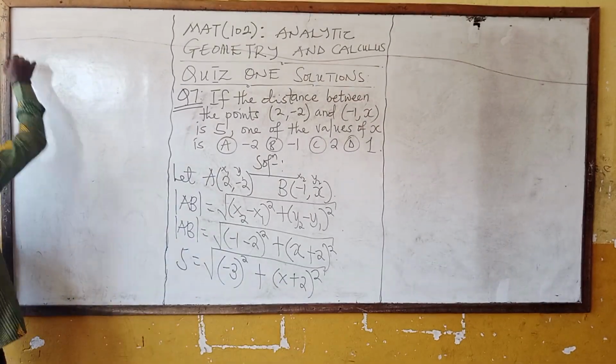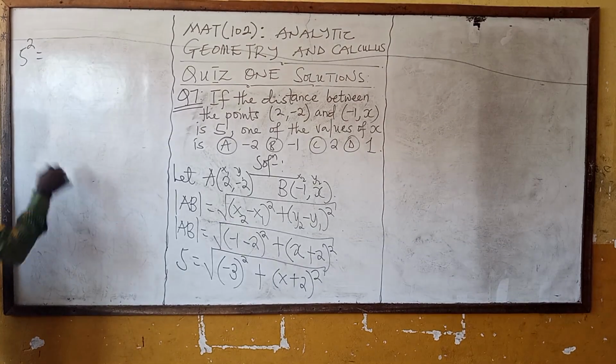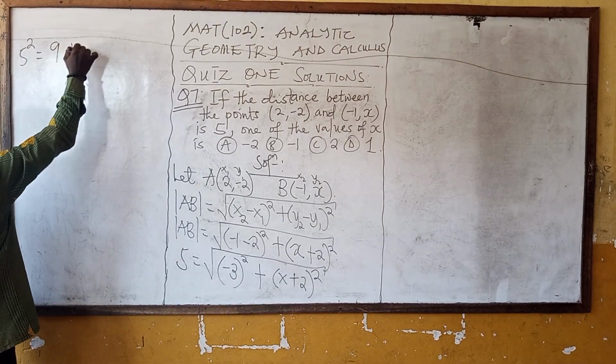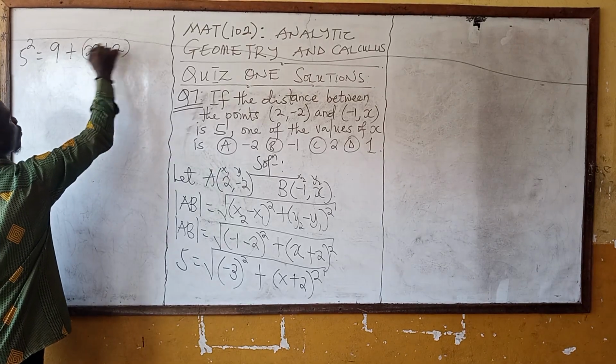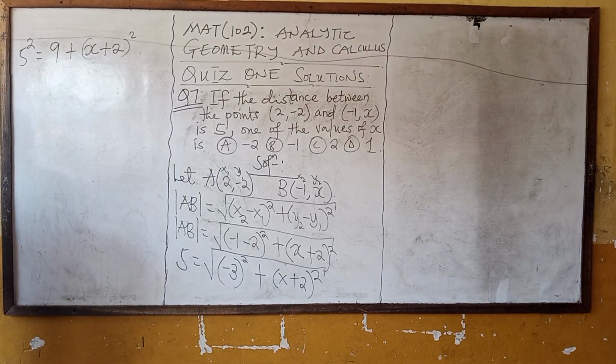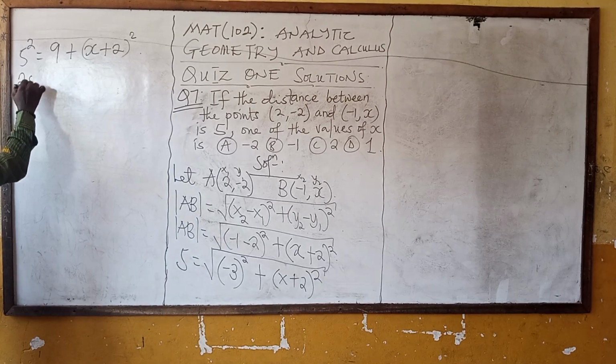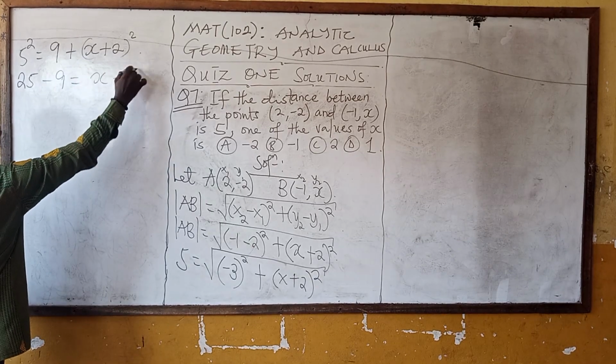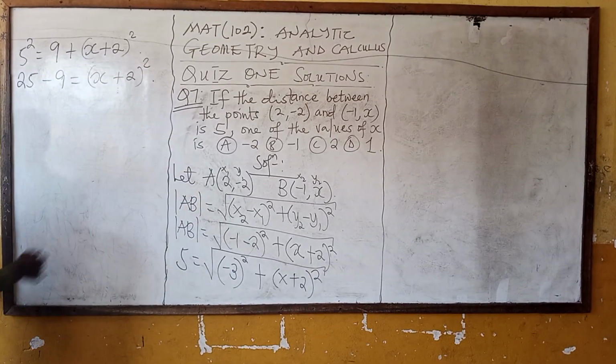So 5 squared equals negative 3 squared, which is 9, plus (x plus 2) squared. Right. So 5 squared is 25. We bring this guy, minus 9, equals (x plus 2) squared.